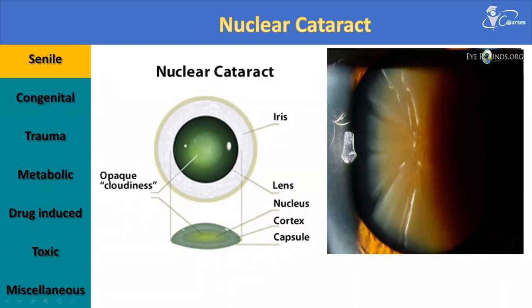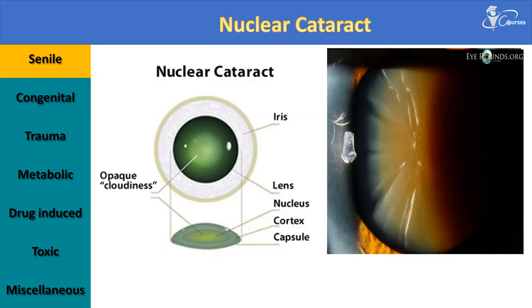So this will be like an extreme form of the nuclear cataract. Okay, and as we mentioned, this occurs as an age-related process. There is a progressive yellowness and hardness of the lens, resulting in this appearance of hard cataract.